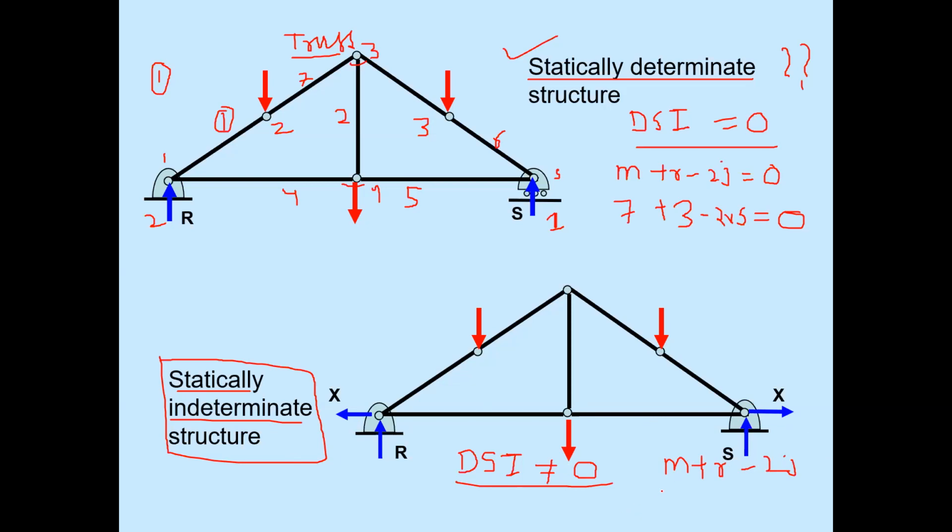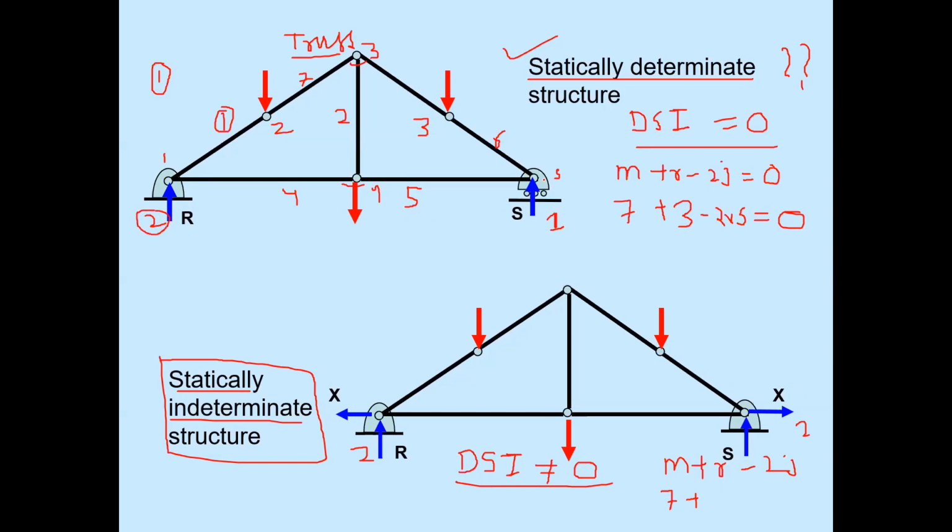The number of members is the same, 7. The R value is 2 for this one and 2 for this one. Why am I saying the value is 2? Because at a hinge support, sigma Fx is restrained, Fy is restrained, but only the moment is allowed. So the number of unknowns that are restrained is equal to R. So in this case, sigma Fx is 1 and sigma Fy is 2. So the value of R is 2.